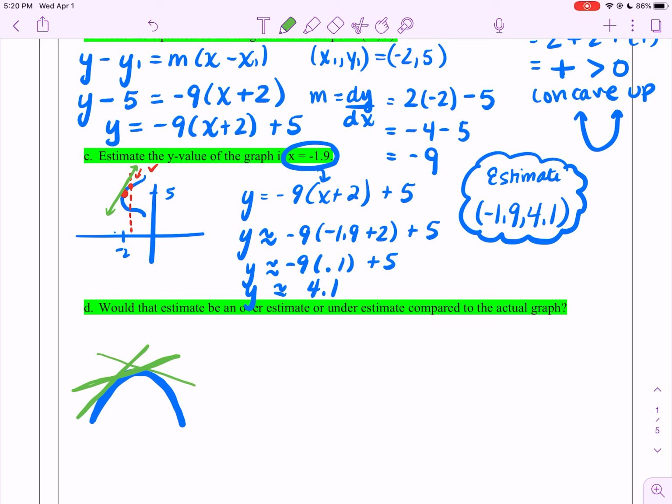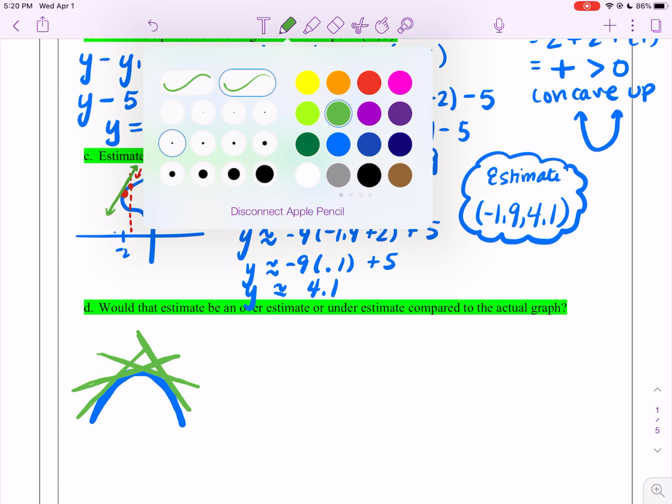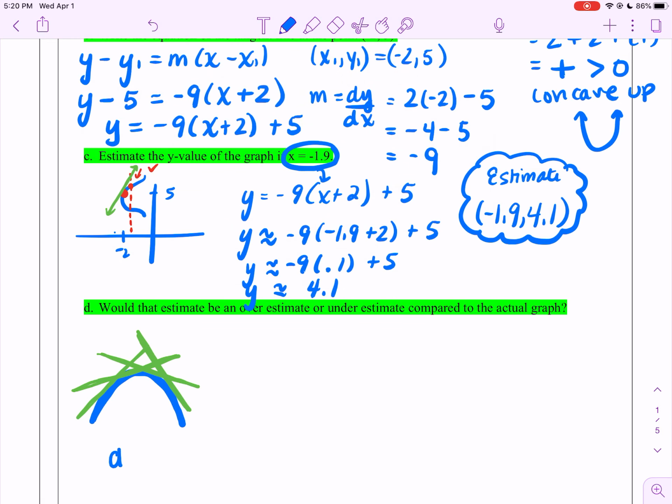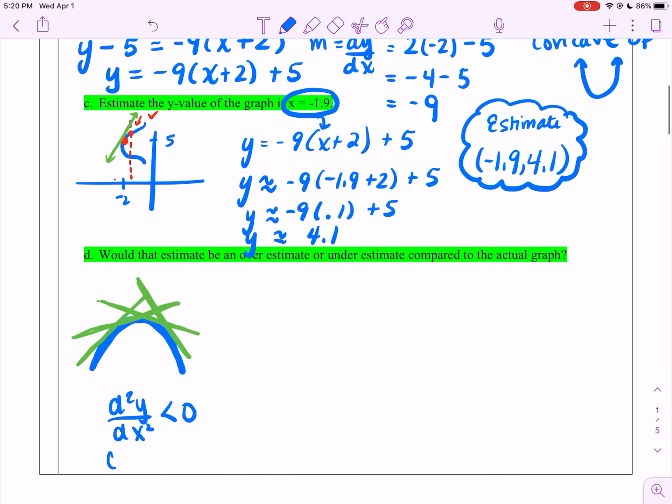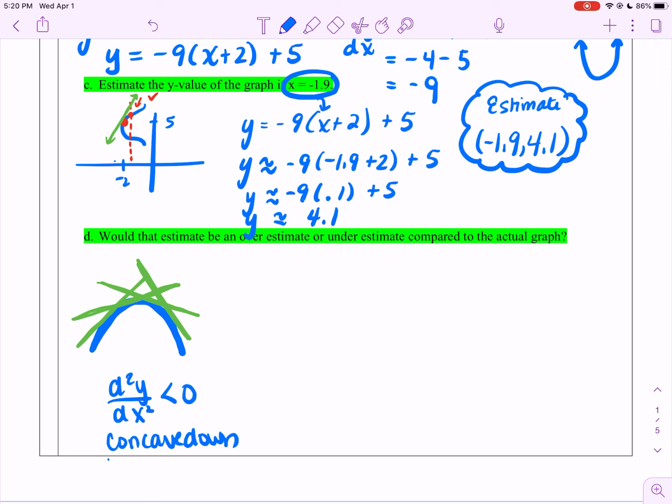That means anytime you try to approximate the y value using your tangent line for the original graph, that value on your tangent line will always be above. So again, if our second derivative, d squared y dx squared, is negative, if our graph is concave down, that means that your estimate will be an overestimate.